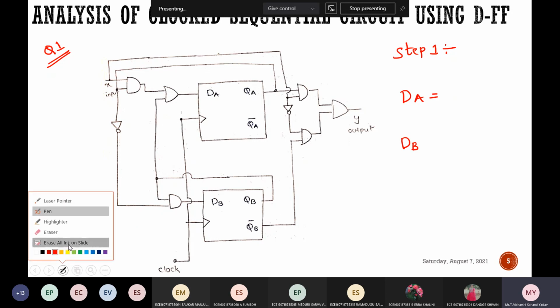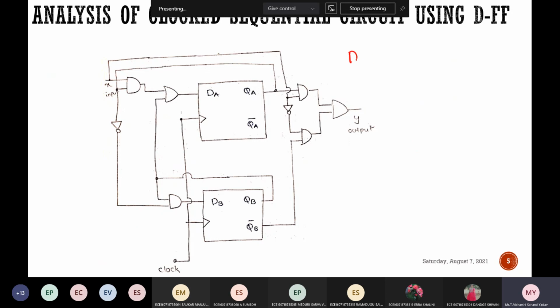Can anyone tell me what the Boolean expression for DA is? See, here X is given as input. So what will be the output here? X into QA. Okay. So you can see QA is connected here. So this becomes X into QA.